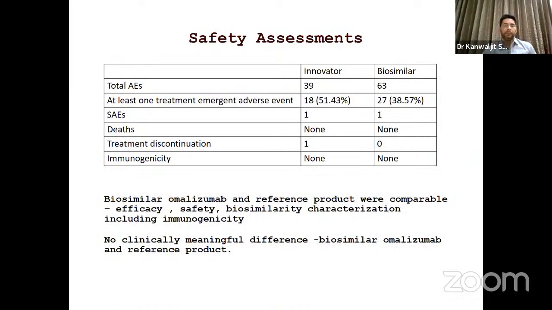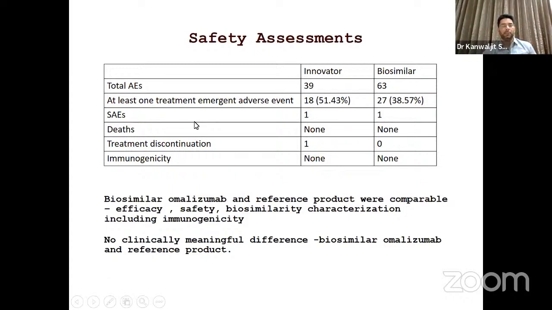So if we compare side by side, the innovator is Xolair and the biosimilar is Emzumab. The total number of adverse effects was 39 in the Xolair group and 63 in the biosimilar group, that is Emzumab. At least one treatment-emergent adverse event was seen in 51.43% versus 38.57%.